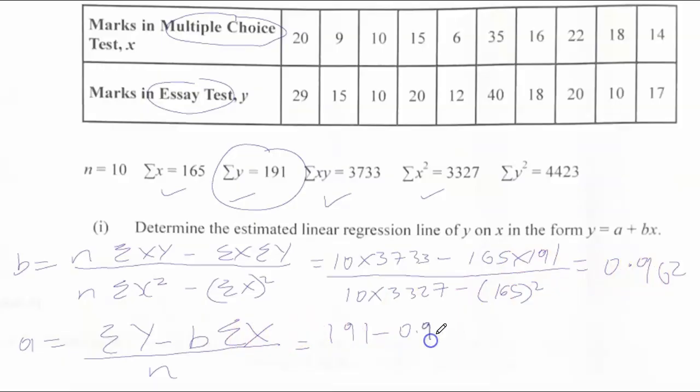So it's important that you find the value of b before you can find the value of a. You need b to get a. So b is 0.962 times the sum of x, which is 165, over n, and n is 10. And we enter this in our calculator.